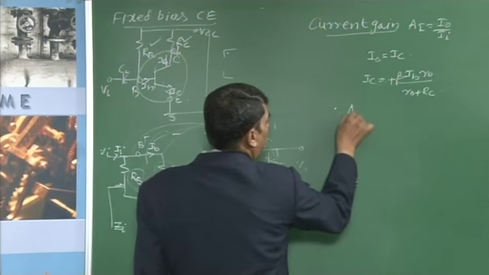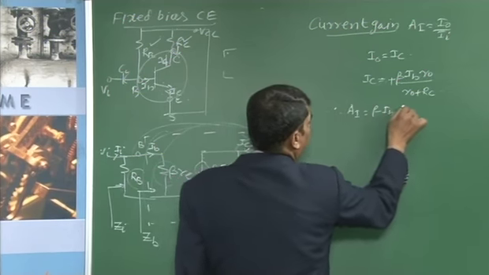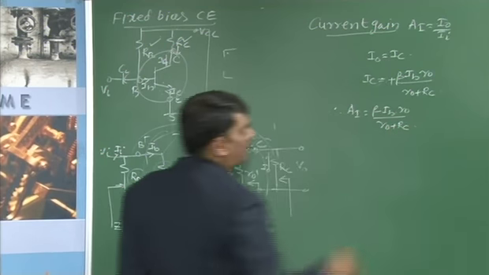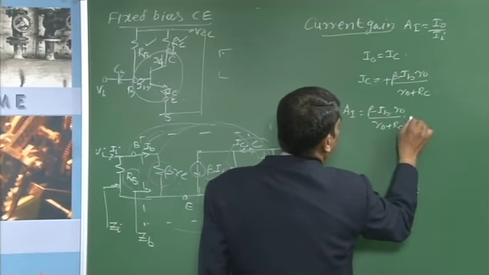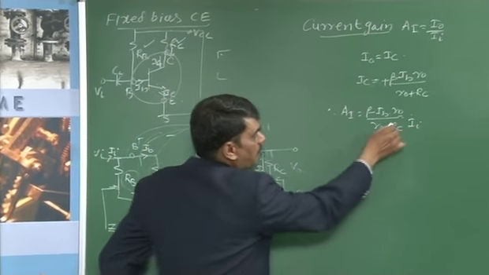You are going to get AI is equal to beta times IB R0 divided by R0 plus RC into Ii. So here we got the value beta times R0 by R0 plus RC.